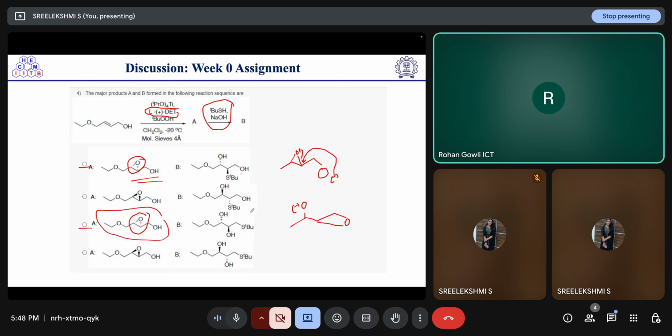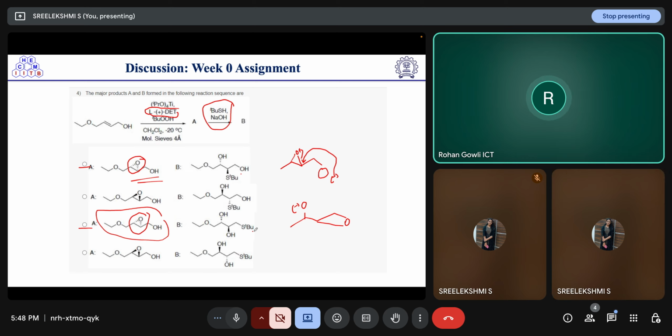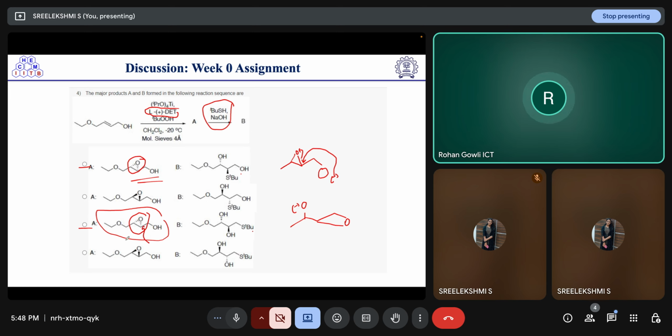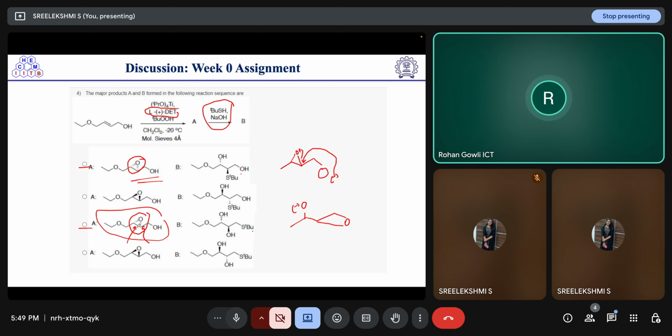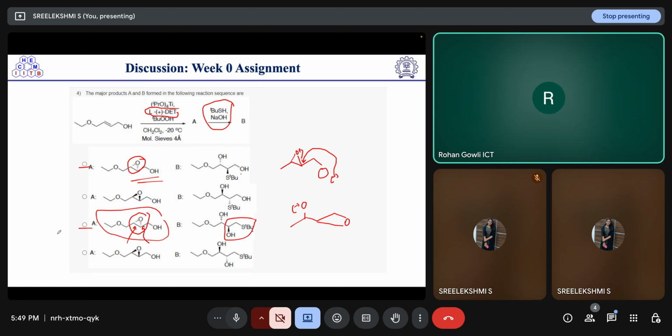So what will be the product, this one or this one? I think the third one. Yes, the third one. It will attack from this center, and the base will just give a proton. Yes, that one.